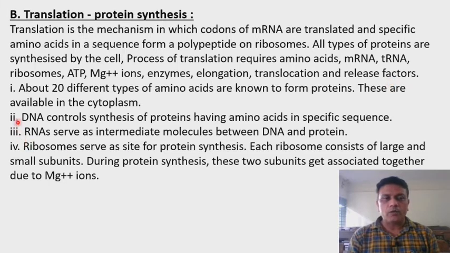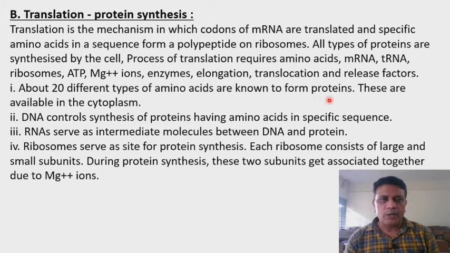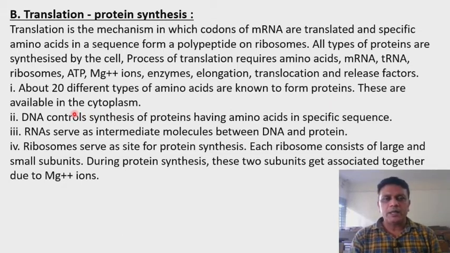About 20 different types of amino acids are known to form proteins. You know that there are a total of 20 amino acids which are coded by 61 genetic codes present on messenger RNA, and all these amino acids are present inside the cytoplasm. The DNA controls the synthesis of proteins having amino acids in a specific sequence.